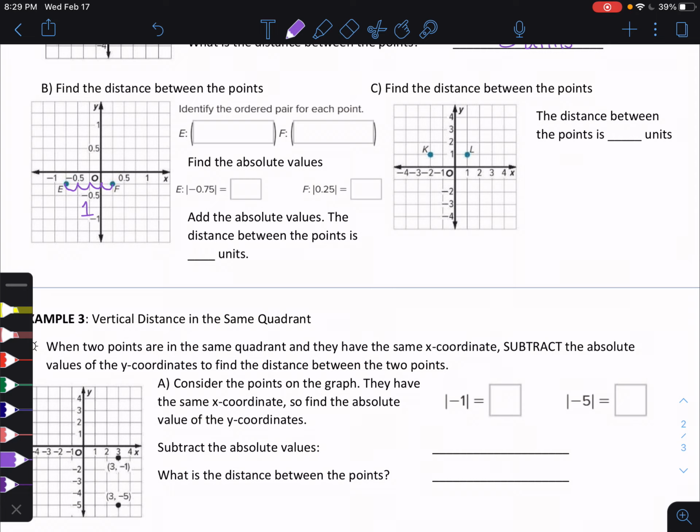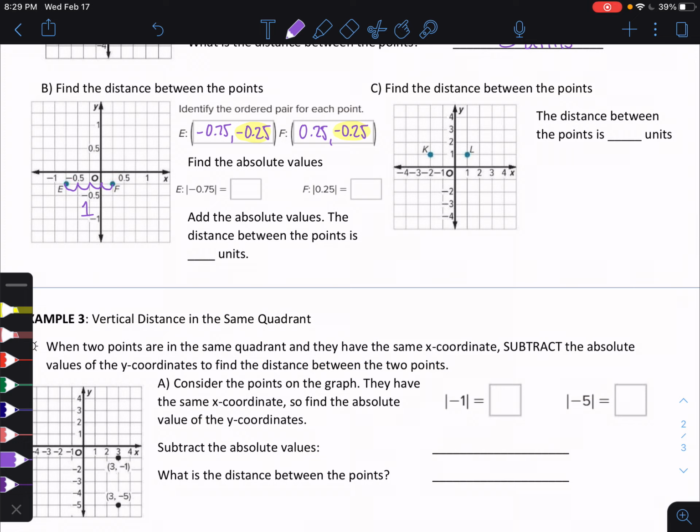So the ordered pairs here look like -0.75, -0.25, and then it looks like I got 0.25, -0.25. Again, the scale of the graph is by 0.25. So my y coordinates are the same. So I'm going to find the absolute value.